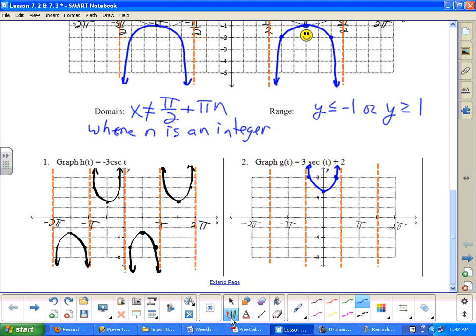So we're going to be at -1 here at pi. On our outer points up here, we have -2, right? -2 times 3 is -6, and -6 plus 2 is -4. So then these are going to be at -4.